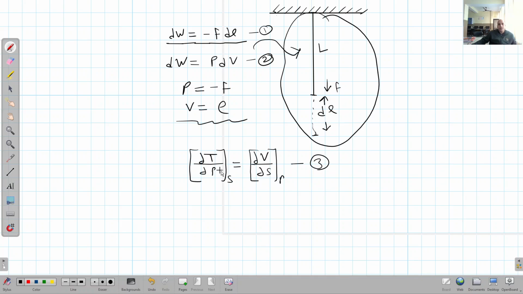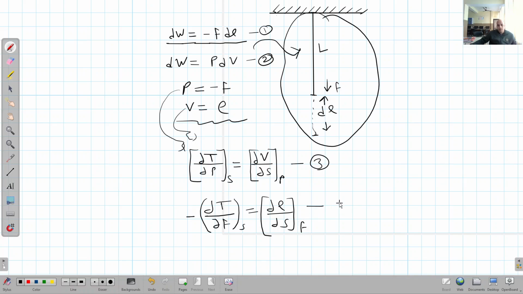Clear? So in equation number 3, I'm going to make the substitution. Here P will become minus F, and V becomes small l. So you can see now (∂T/∂F)_S is minus (∂L/∂S)_F.